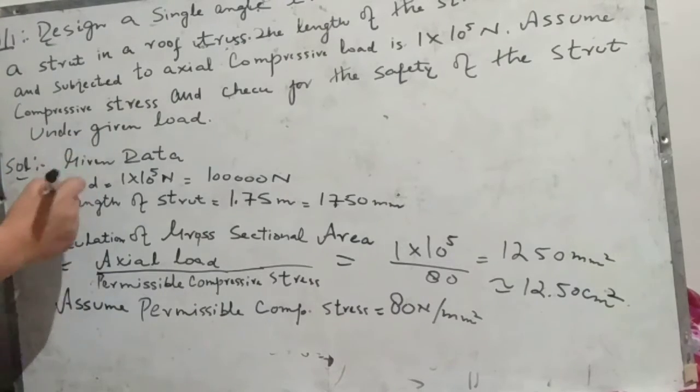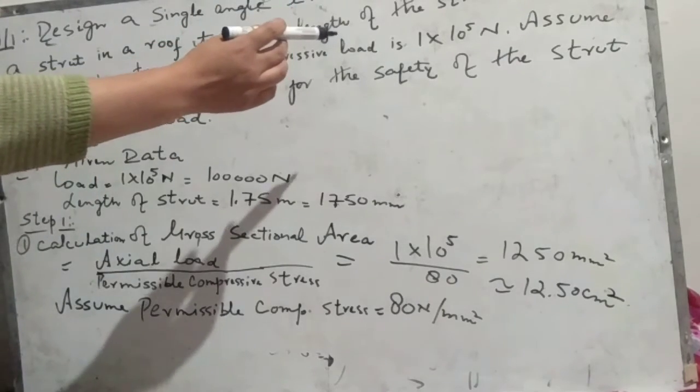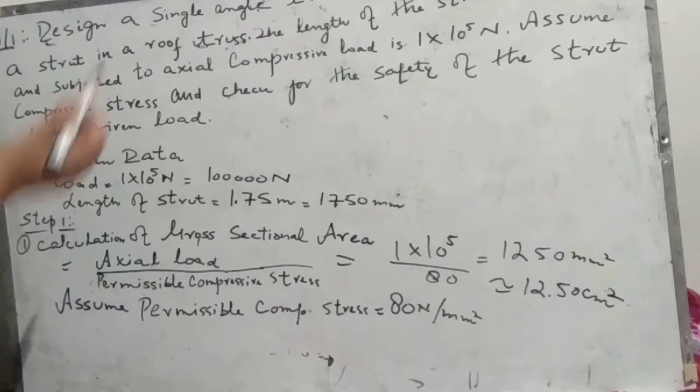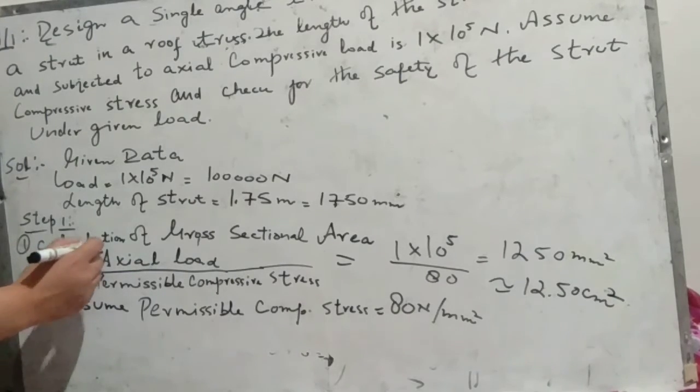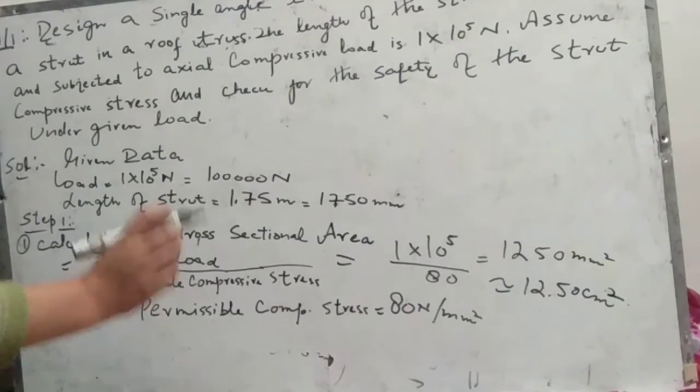So the given data here is load as 1 into 10 raised by 5 Newton and length of the strut is 1.75 meter. So for designing the compression member, step first will be the calculation of gross sectional area. Gross sectional area is equal to axial load by permissible compressive stress.